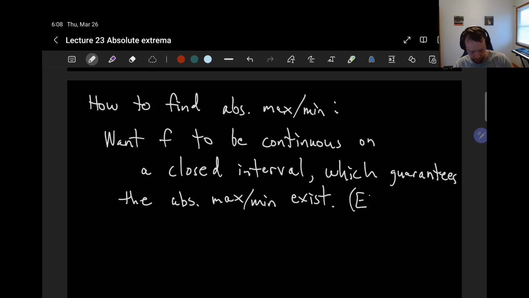And this is a result of the extreme value theorem. So to solve this little puzzle, I want a guarantee that these things even exist in the first place.